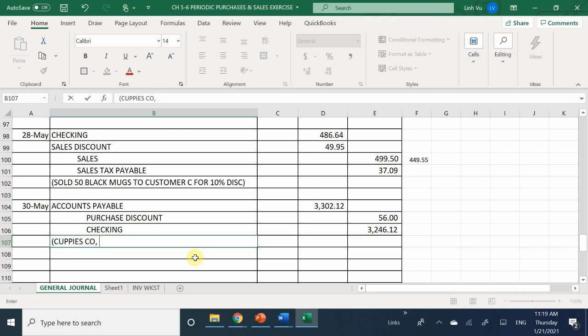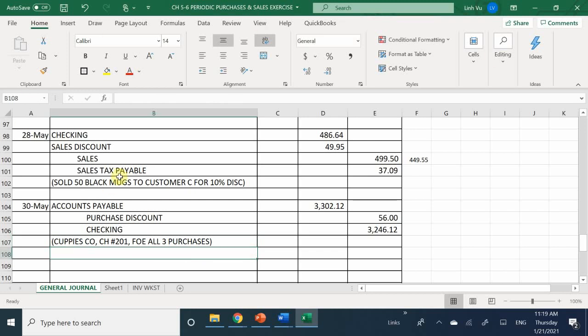I wrote out check number 201, and I'm going to go ahead and write it for all 3 purchases. Okay? And that's how you journalize that.